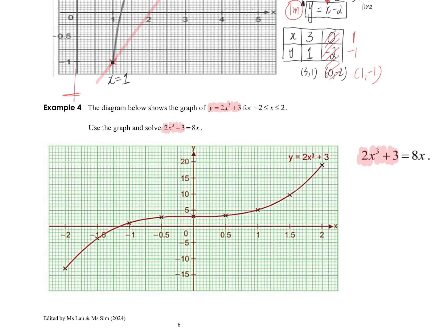On the left hand side is exactly what I want. So this is my curve already. So what is my line? Yes, so my line is just y equals to 8x. That's all.